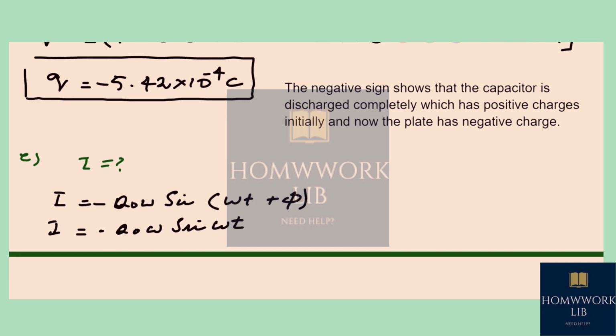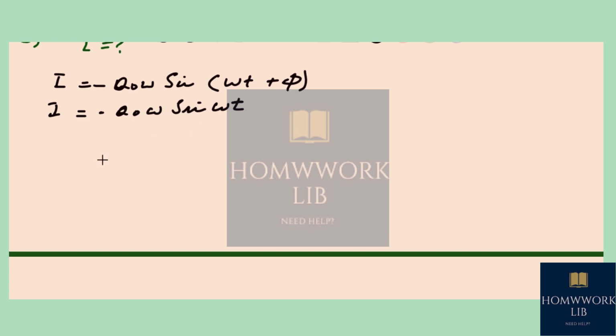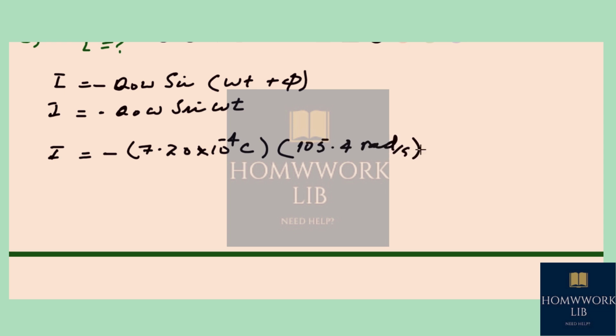Now let's write the values: I equals minus 7.20 × 10^-4 coulomb times omega, which is 105.4 radians per second, times sine of omega t, where omega t is 105.4 radians per second times 0.0230 seconds.